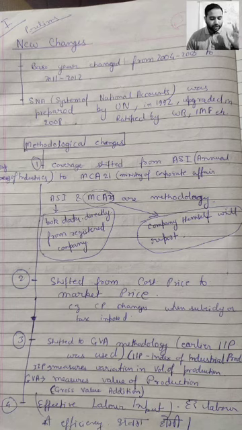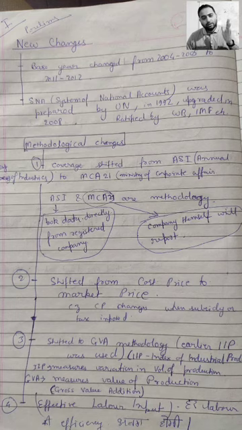Now we have shifted to GVA methodology. What is this GVA methodology? That is gross value added, or gross value addition methodology. Earlier we were using the index of industrial production that measures the variation in the volume of production, while GVA, gross value addition, measures the value of production. Okay.